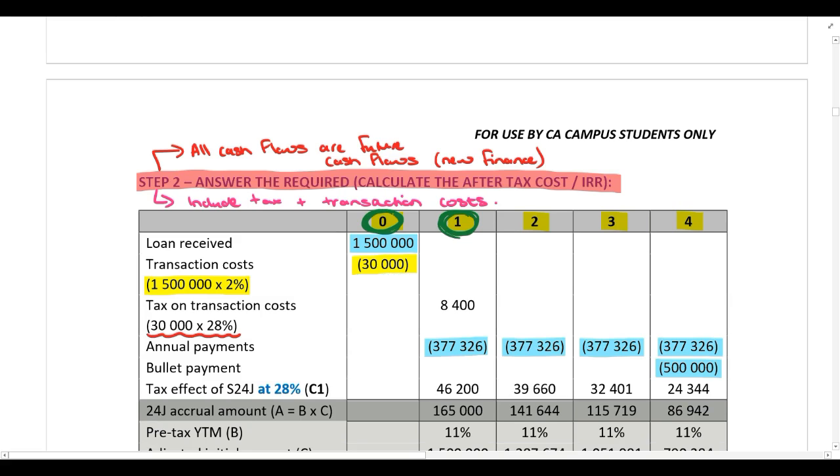All right. So we've included the transaction costs in our calculation, and we've also taken into account the tax benefit on those transaction costs. Now we just also need to look at the tax on any interest payments, because remember, interest is tax deductible. And in this question, we are dealing with Section 24J of the Income Tax Act, which means the interest is deductible as it accrues over the loan period.